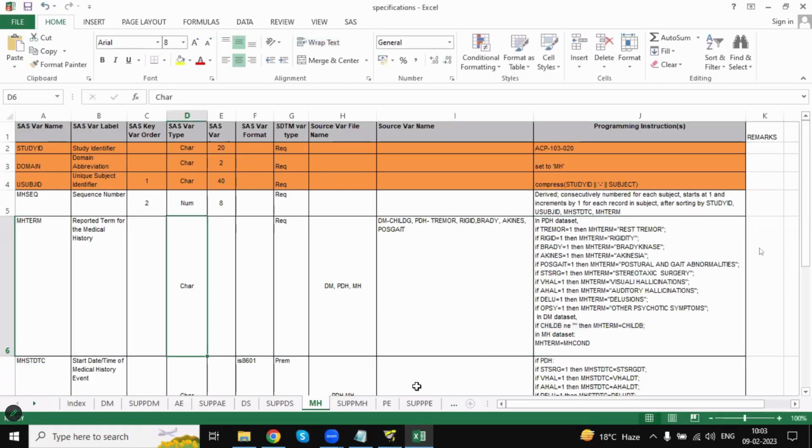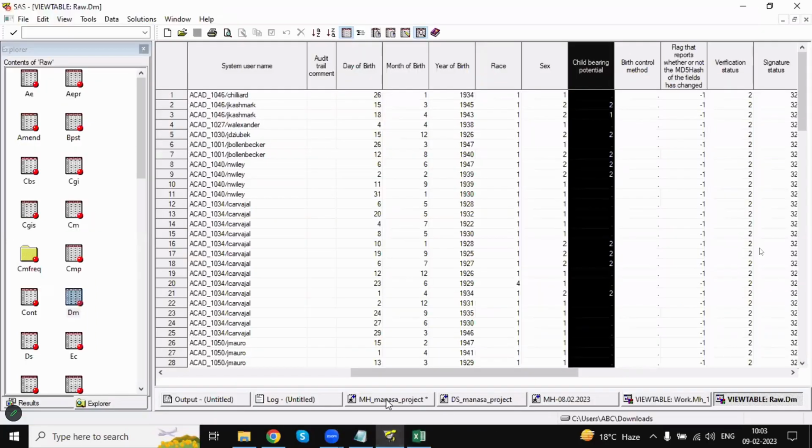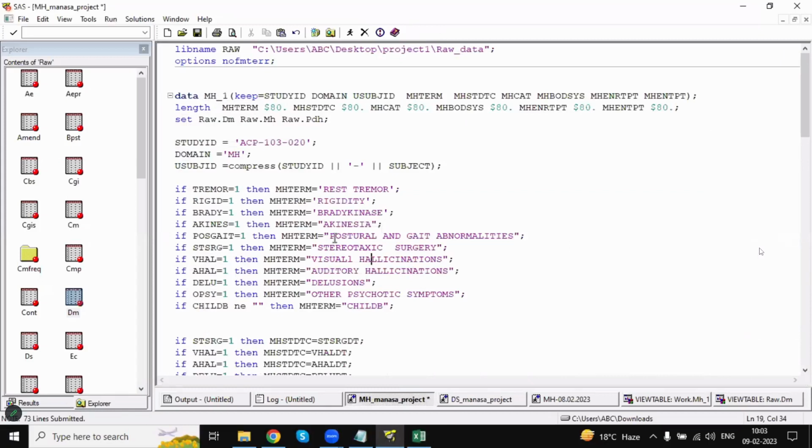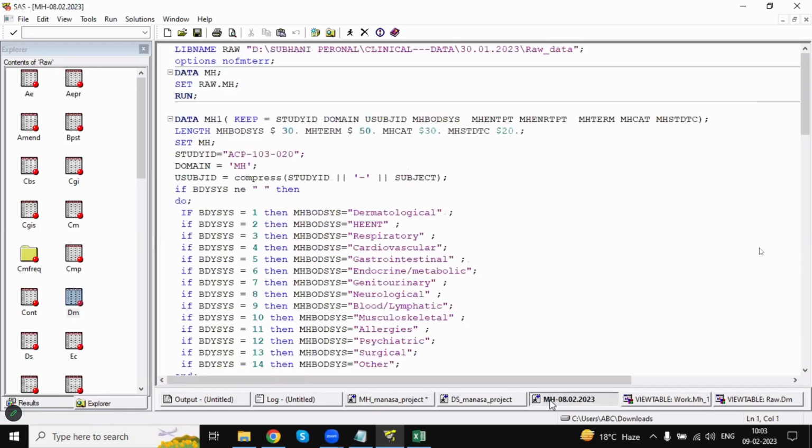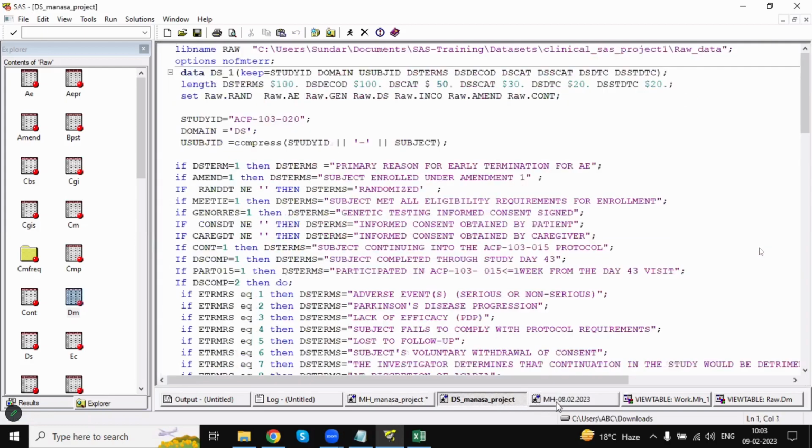I can see you mentioned it in double quotes, so it is taken as child labor. Okay, let it be. It will be child labor only.